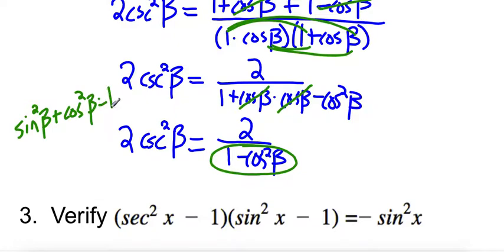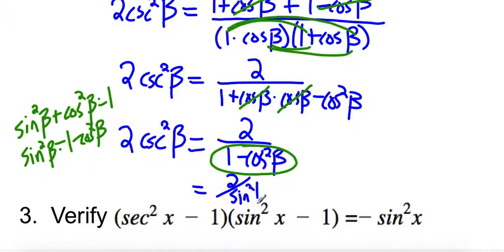And so if I subtract cosine squared from both sides of this, I get sine squared beta equals 1 minus cosine squared beta. So I can replace the denominator here with 2 over sine squared beta. And this is 2 cosecant squared beta.